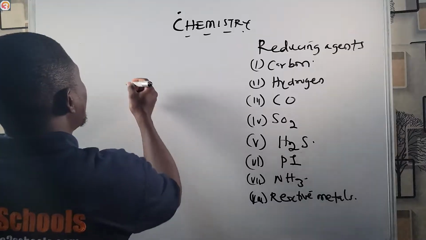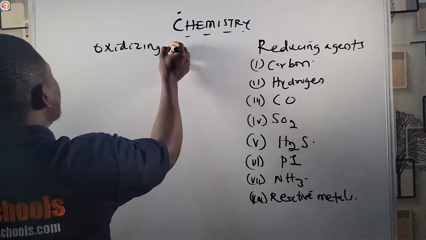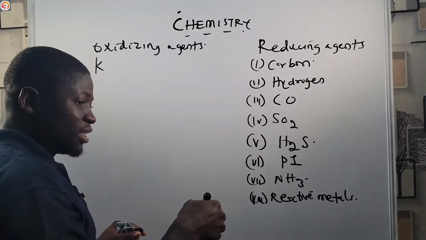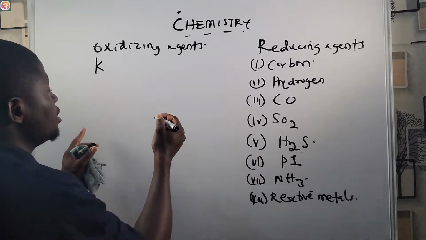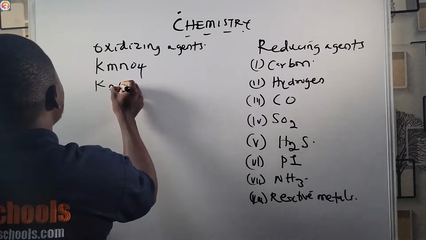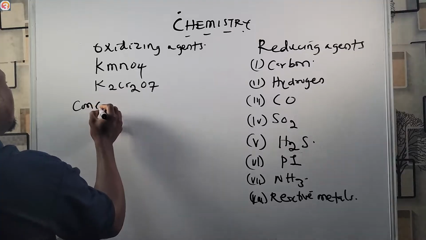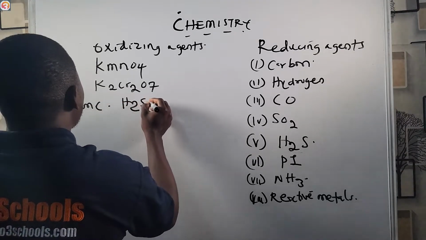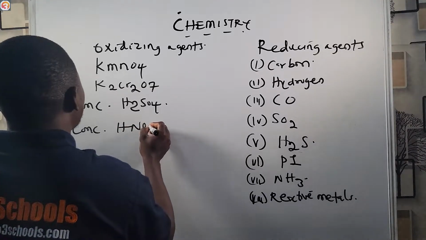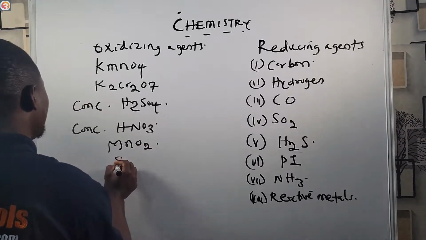So let's see oxidizing agents. On the other hand, for oxidizing agents, what we use to test for reducing agent will come under here, right? So we're going to have KMnO4, then we have K2Cr2O7, concentrated H2SO4, concentrated HNO3, MnO2, and we have SO2 too.